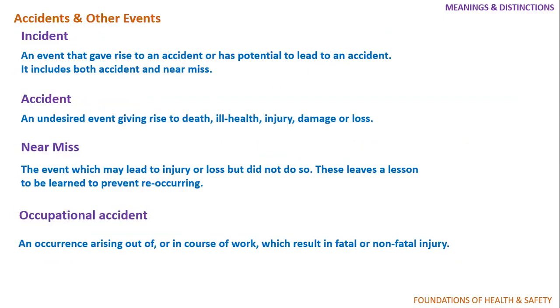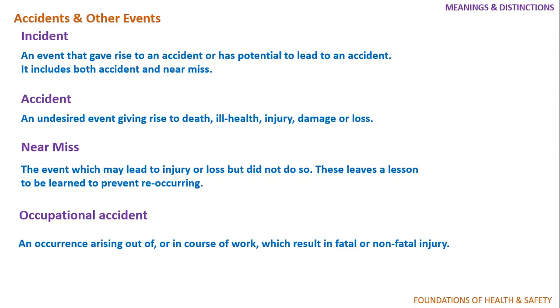Now we will discuss the definitions of accidents and other events. First, what do we mean by incident? An event that gives rise to an accident or has the potential to lead to an accident. It includes both accidents and near misses. So what do we mean by accident?